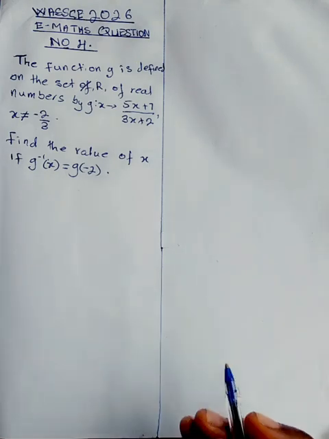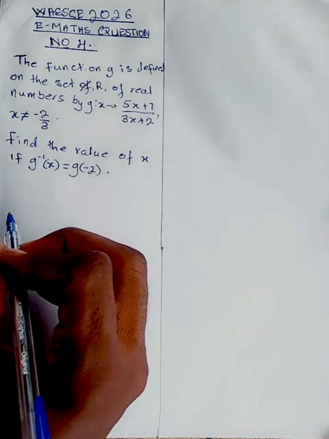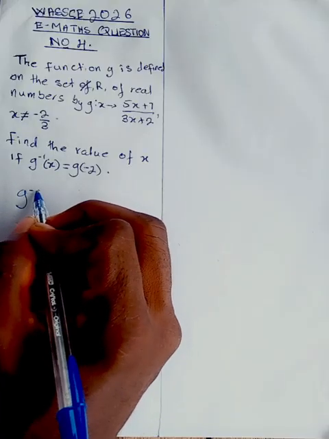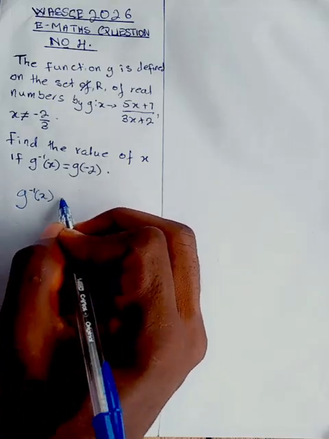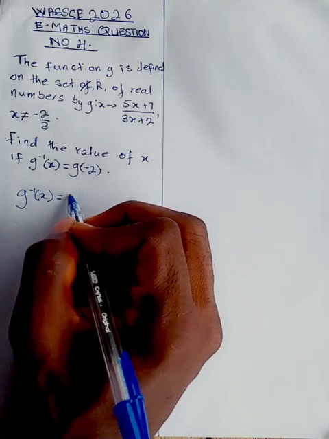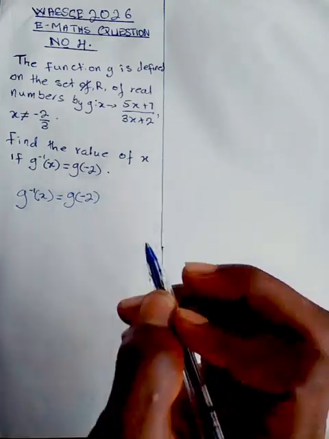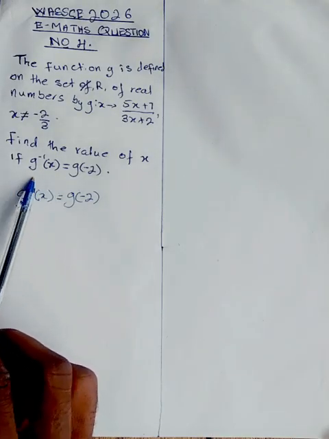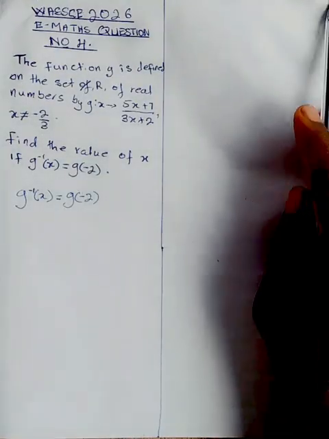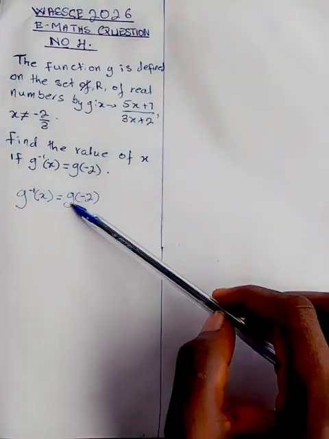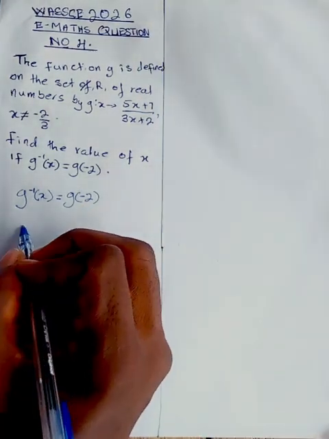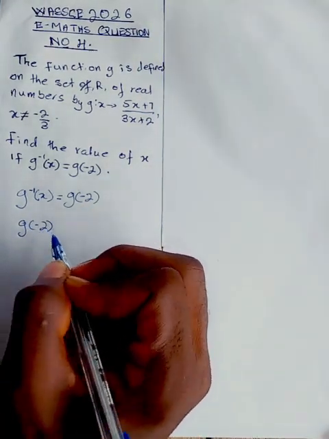First of all, they say that the inverse of g of s is equal to g of negative 2. What it means is that when you find the inverse of g, it must be equal to the value of g of negative 2.